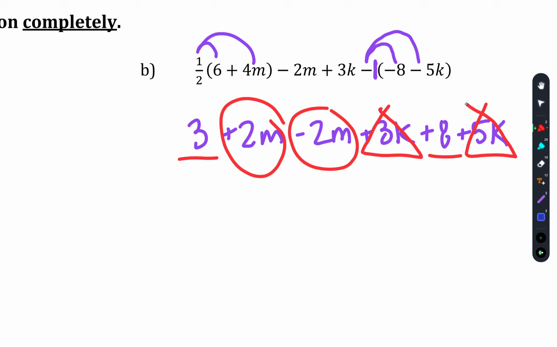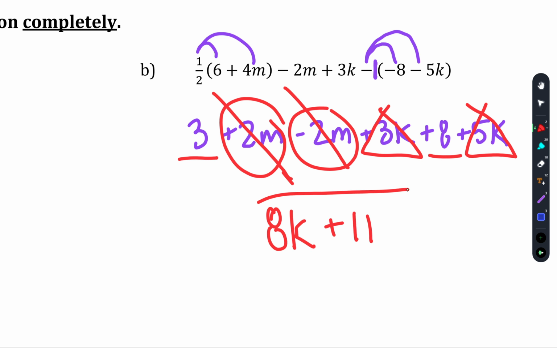Do we have to write that? No. So let's cross them out. We're good there. 3k and 5k, what does that make? 8k. Remember, add the coefficients, leave the variable the same. And then 3 plus 8, 11. There we go. Any questions? We did it.